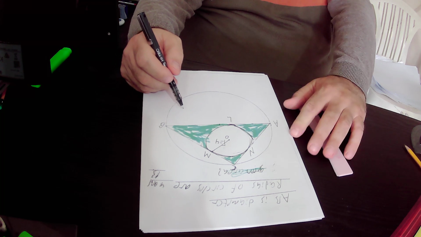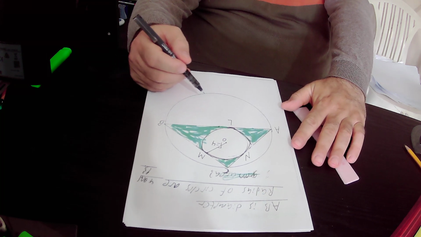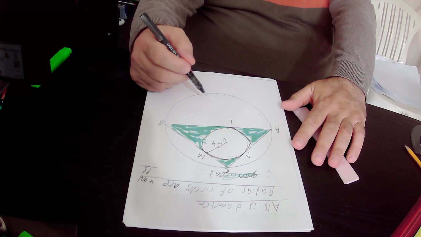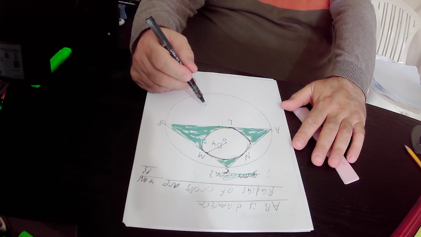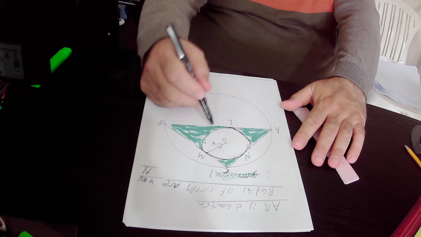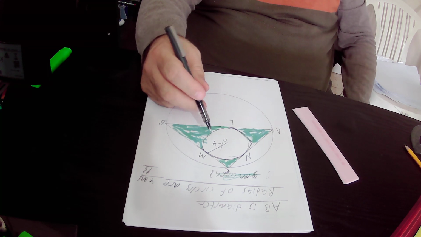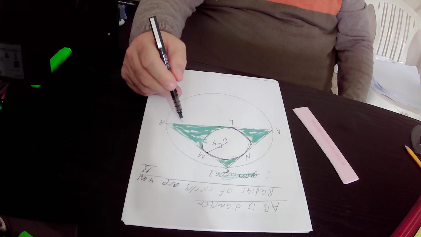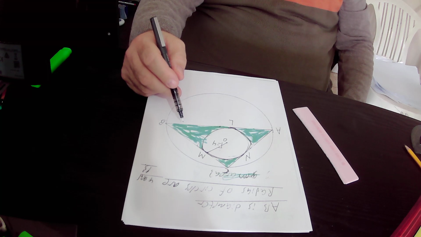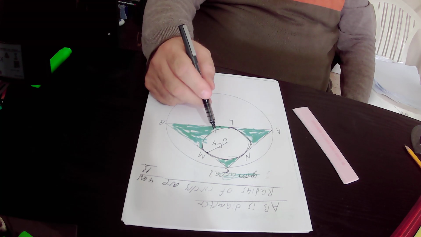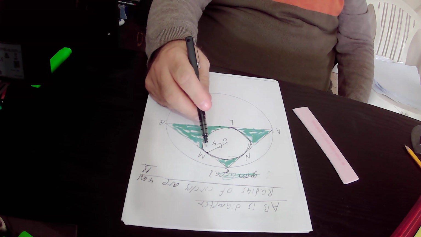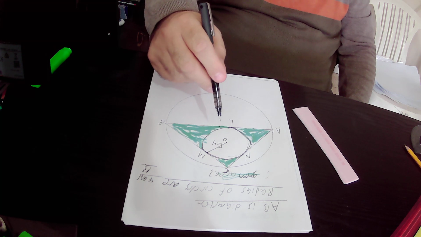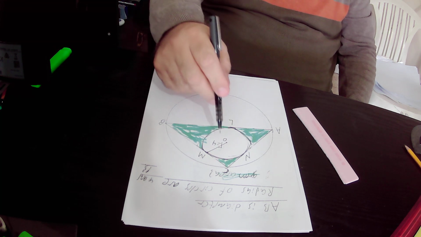And we actually have rule number 1. According to rule number 1, a tangent to a circle is perpendicular to the radius drawn to its point of tangency. I repeat again, a tangent to a circle is perpendicular to the radius drawn to its point of tangency. So here, the radius OM is drawn to point M, that is the point of tangency of tangent CB with this small circle.